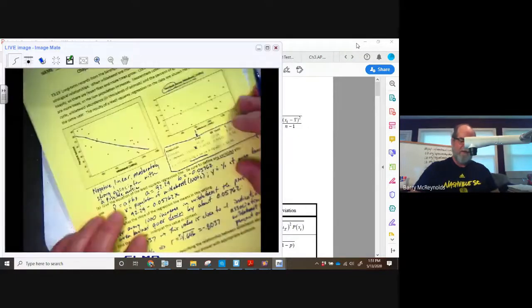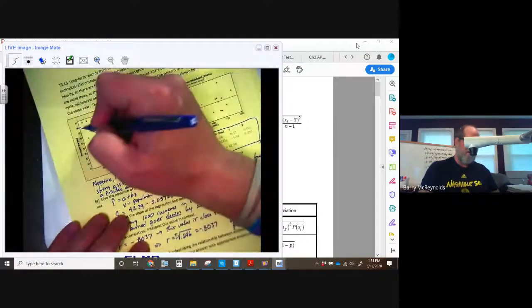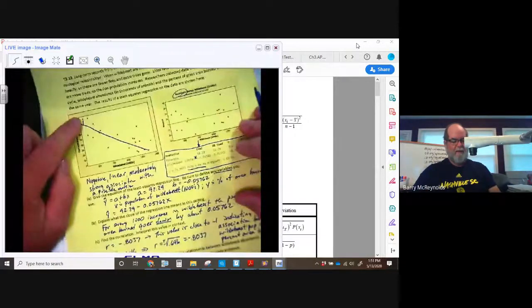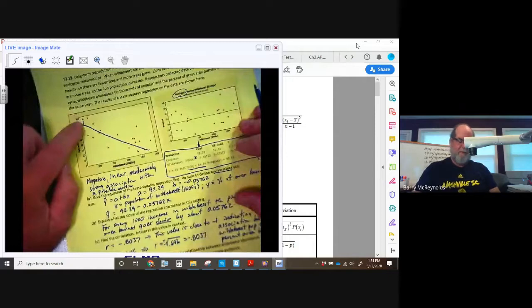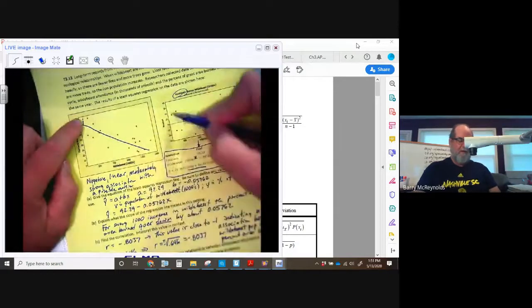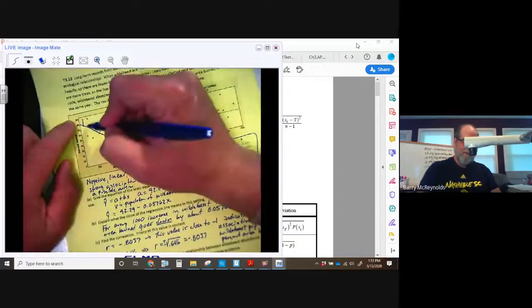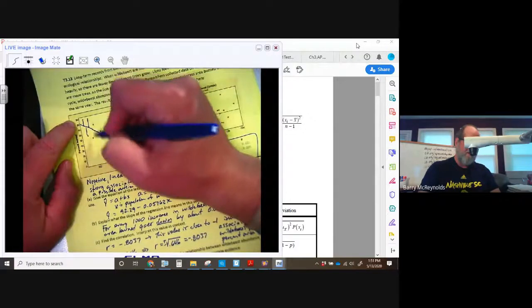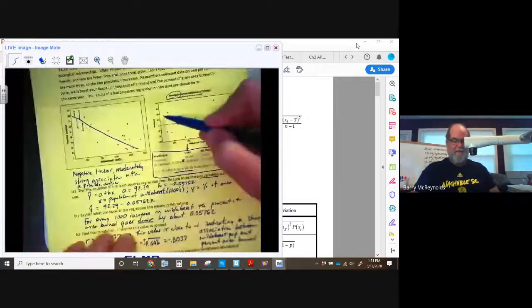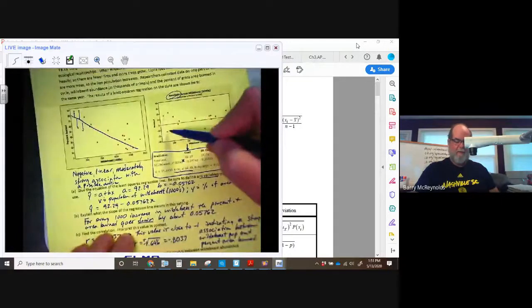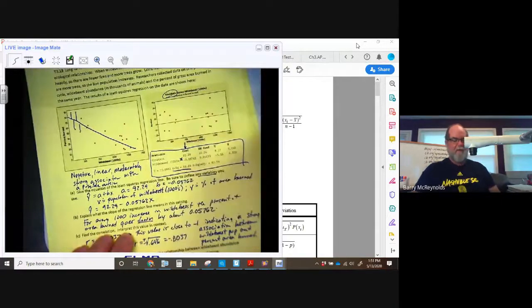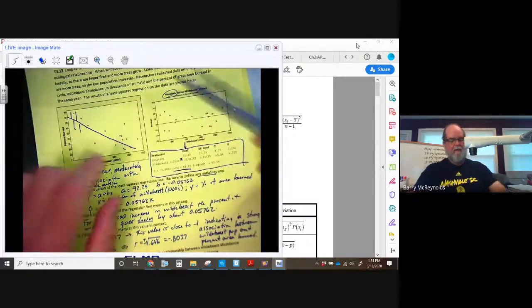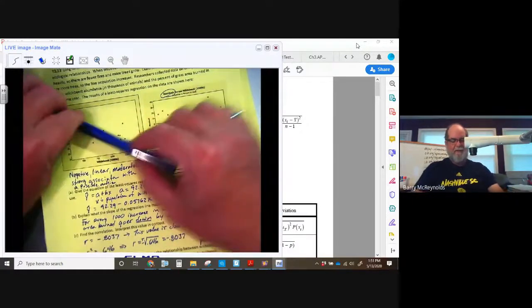And then what it does is it takes this value, calculates the residual, the actual minus the predicted, and it's a positive number, so it's up here. The next one, well, this one is negative, and this one is positive, this one's negative. And you can kind of see that pattern here, positive, negative, etc.